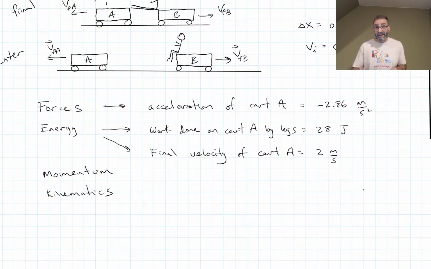And of course, if we look at the problem, we would know it has to be going to the left. So that part we would have to add in. Now we can use momentum. So see what you can figure out using momentum, and then come back and we'll do it together.